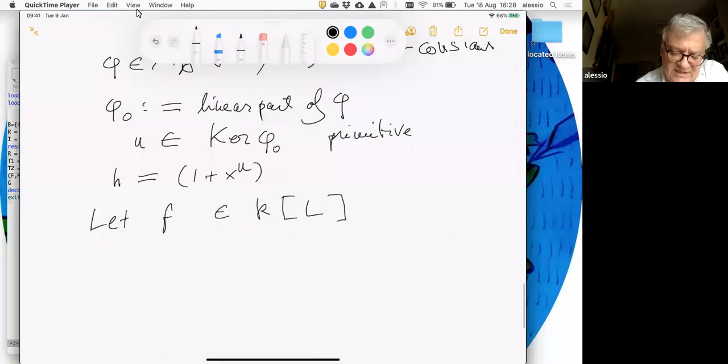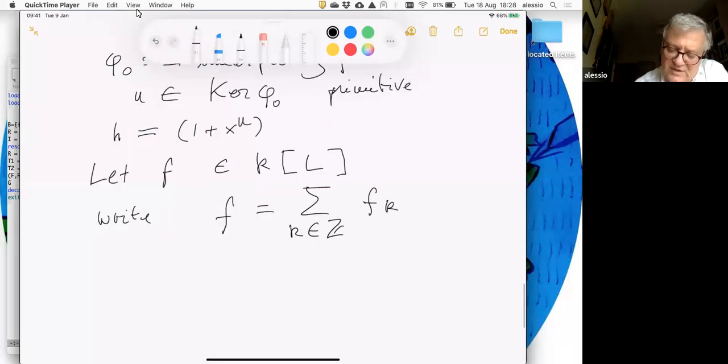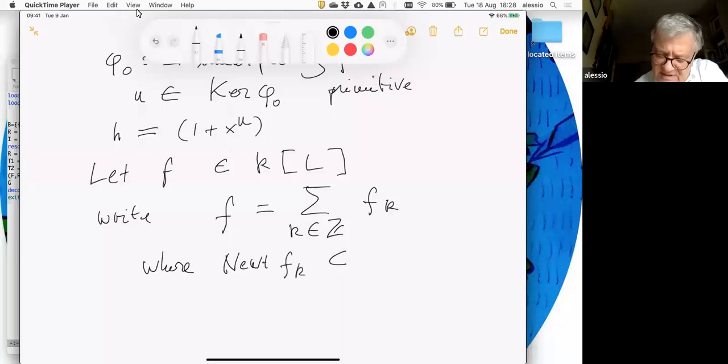And so you can write f as a sum of terms f sub k, where k is an integer, and where the Newton polytope of f sub k is contained in the level set phi equal k.